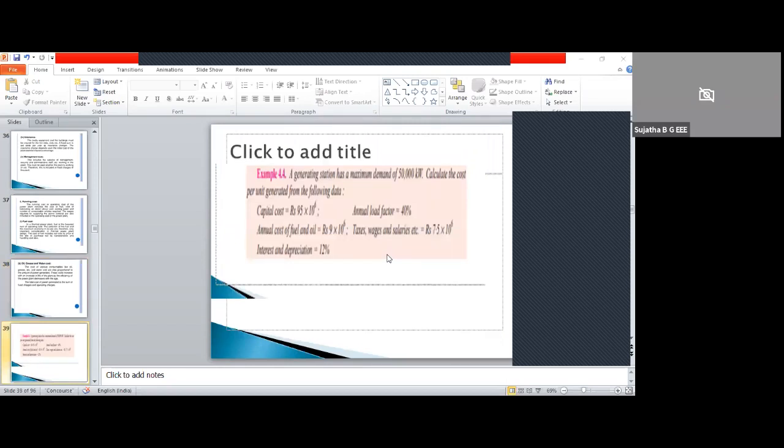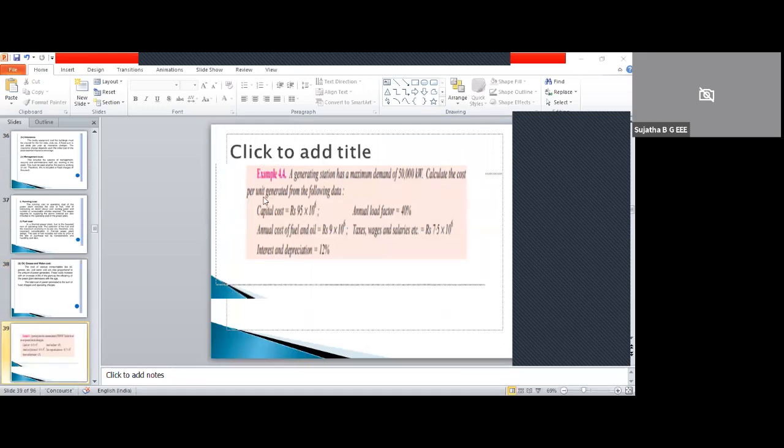Problems you have to note down. You'll be solving problems now. You cannot simply read or see the slides. You have to note down the problems. See, it is given a generating station has a maximum demand of 50,000 kilowatts. Write down. A generating station has a maximum demand of 50,000 kilowatts.